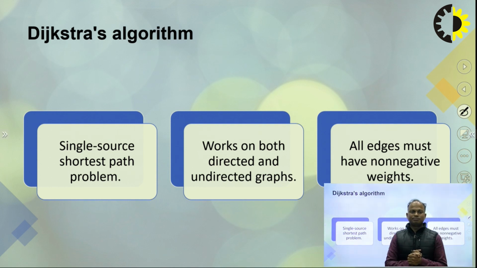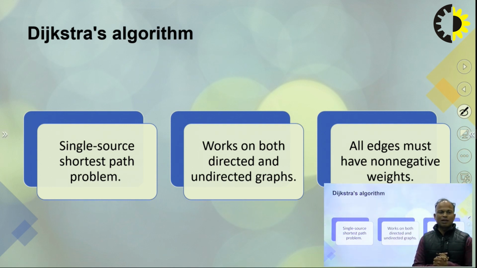And the second property of this algorithm is it works for directed graphs as well as undirected graphs. I mean direction may be there, or direction may not be there, then this algorithm can be easily chosen to find out the shortest path between two vertices.